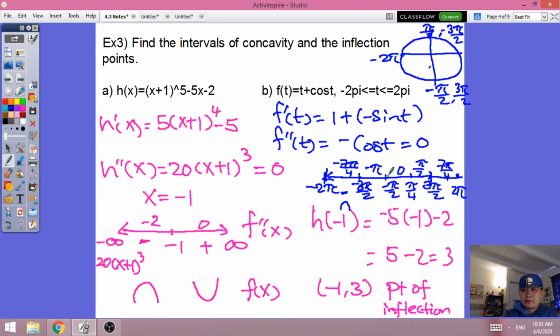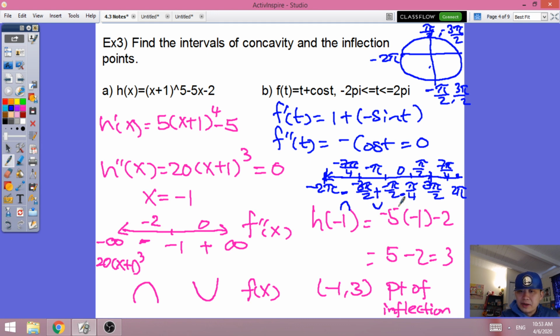So cosine of negative pi is also negative. Well, let's see, negative times negative is positive. Okay, so this one's going to be positive. Okay, and then cosine of 0. Cosine of 0 is 1, so negative. So this one's back to negative.